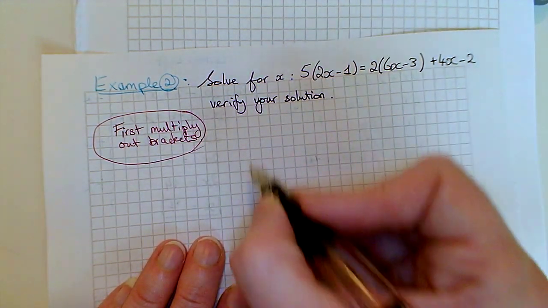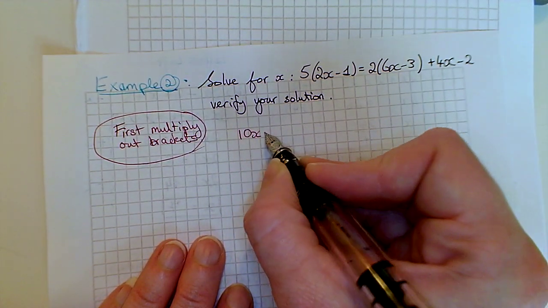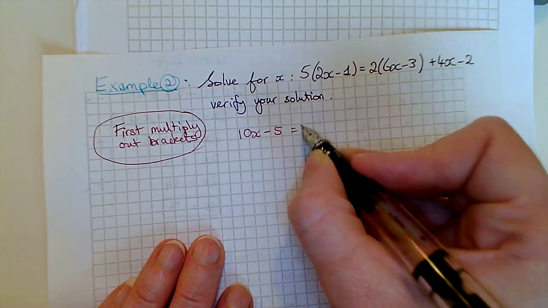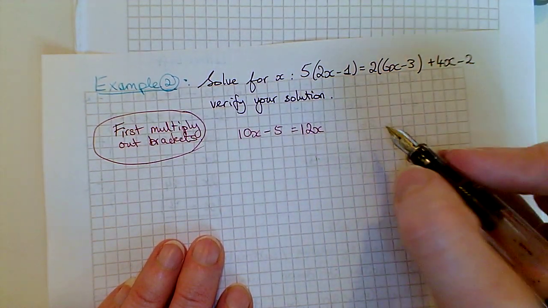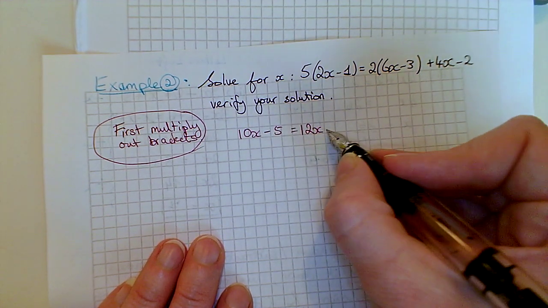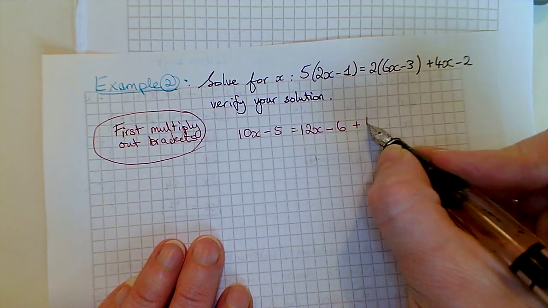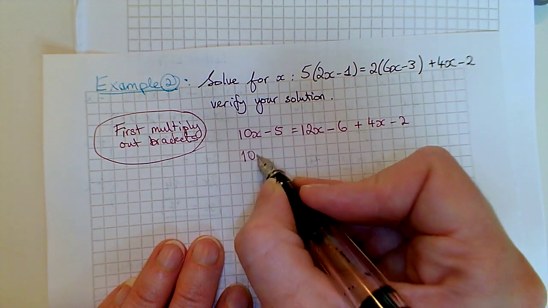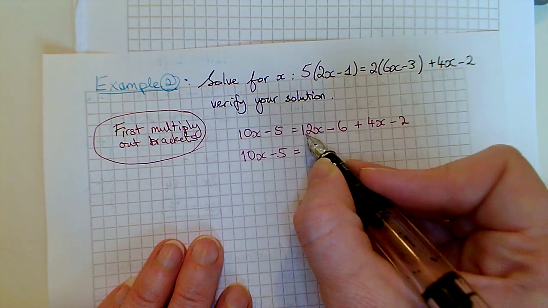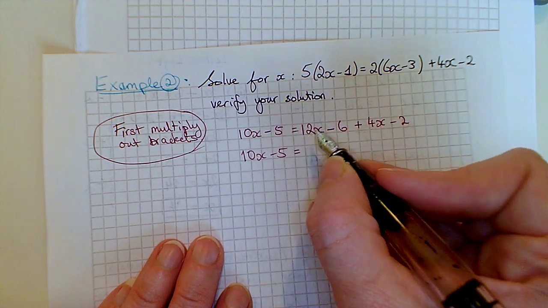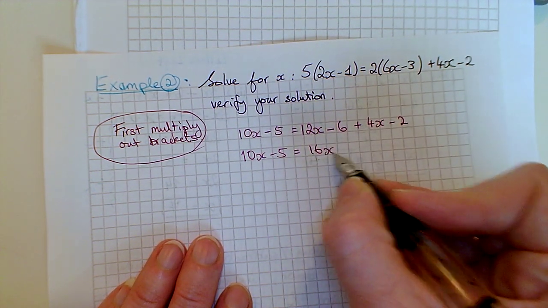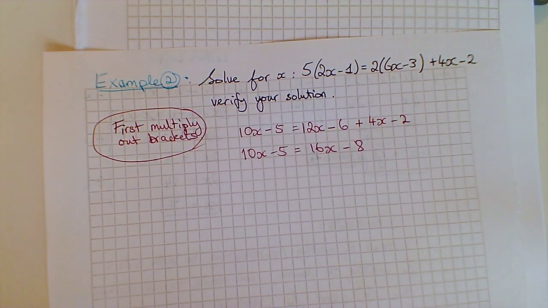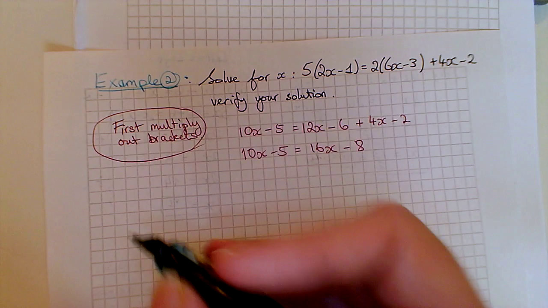So I've got 5 by 2x, that's 10x, minus 1 by 5, that's a minus 5, equals 2 by 6x, that's 12x, 2 by minus 3 is minus 6, plus 4x, minus 2, and let's simplify as well. 10x minus 5. Remember, simplify means add like terms, so 12 plus 4 is 16x, and minus 6 minus 2 is minus 8. Okay, so the first thing we did was we multiplied out the brackets.